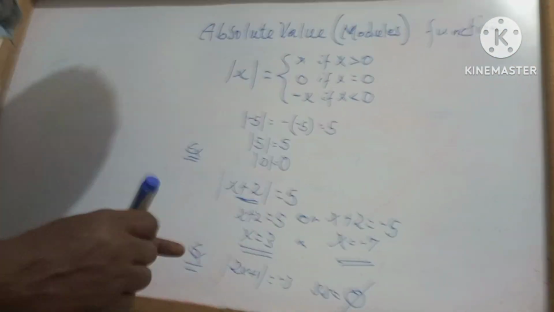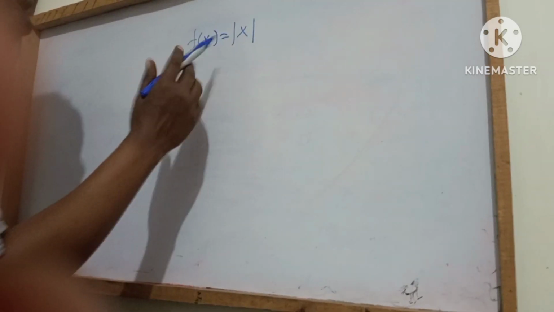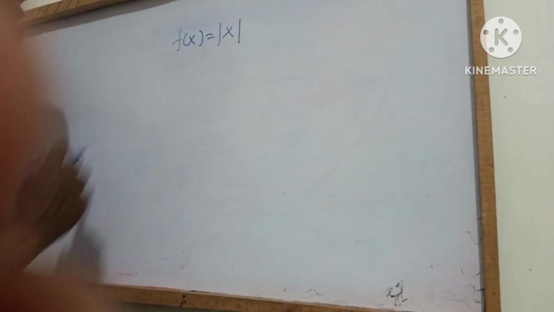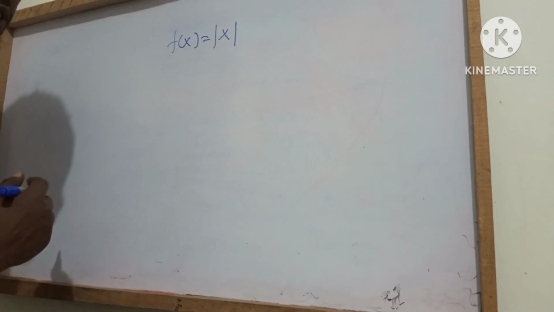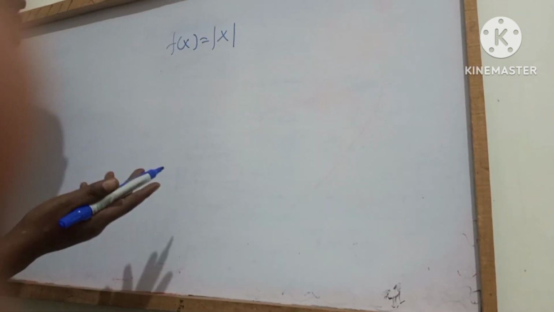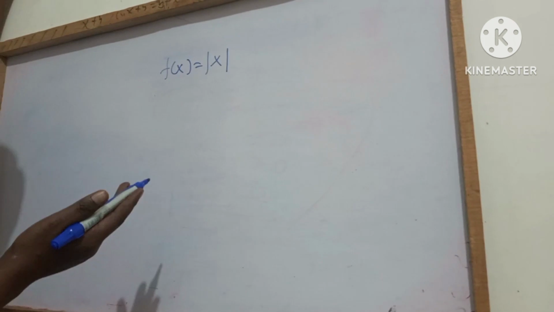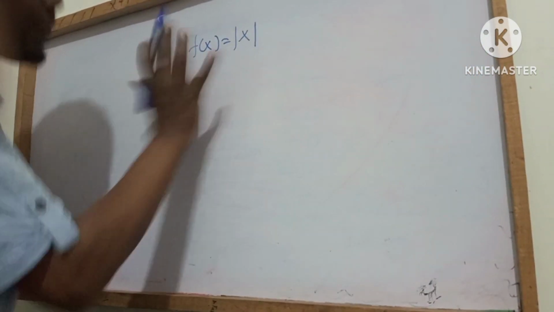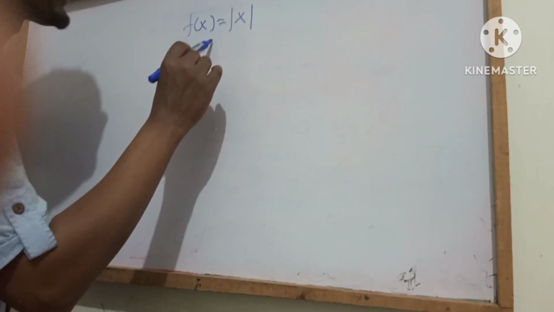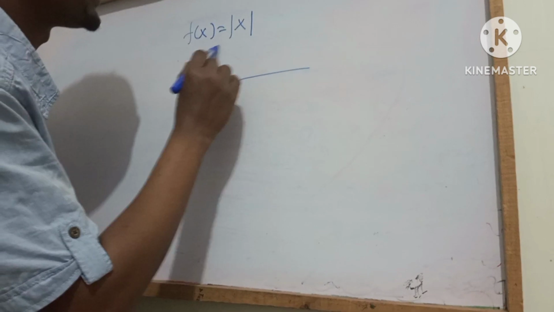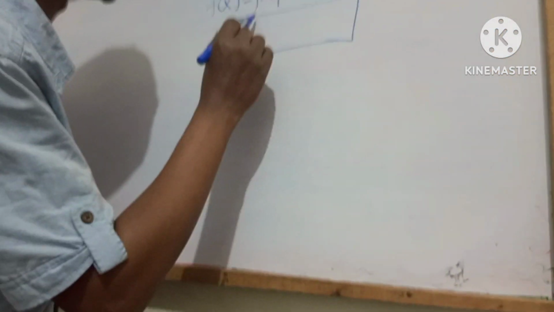Okay, the graph of the absolute value. So this is the function f of x equals the absolute value of x, and we will draw the graph of this function. First, to draw this graph, let's take a table.